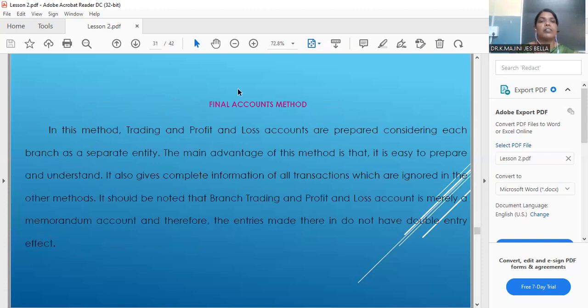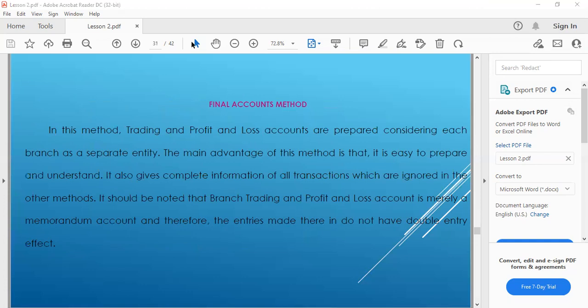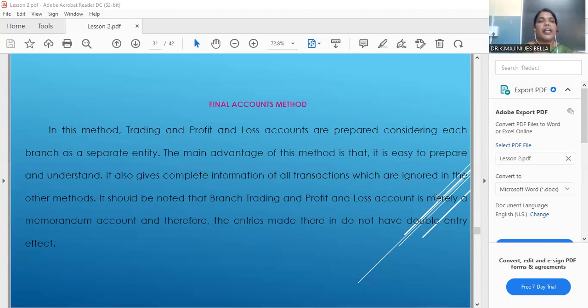Okay, so then we move to the final accounts method. In this method, trading and profit and loss accounts are prepared considering each branch as a separate entity.